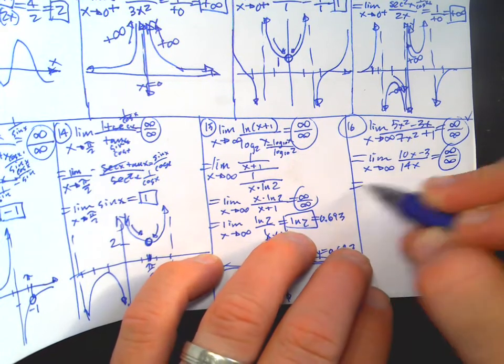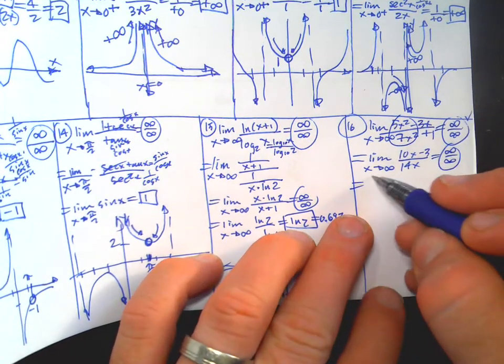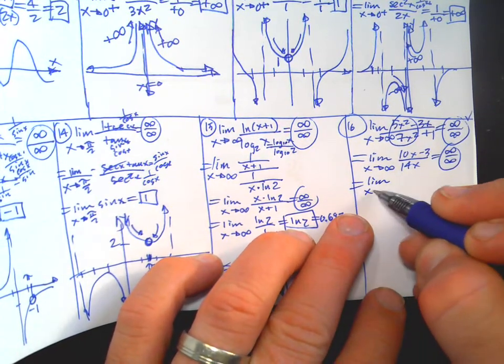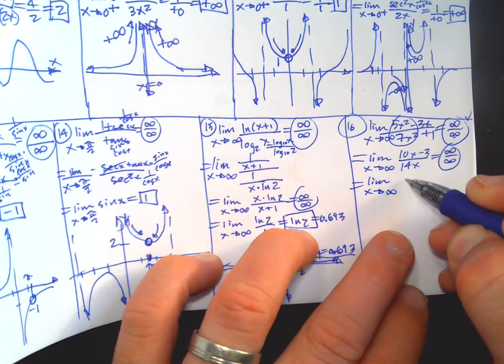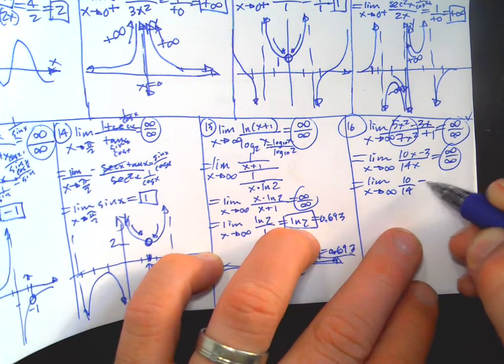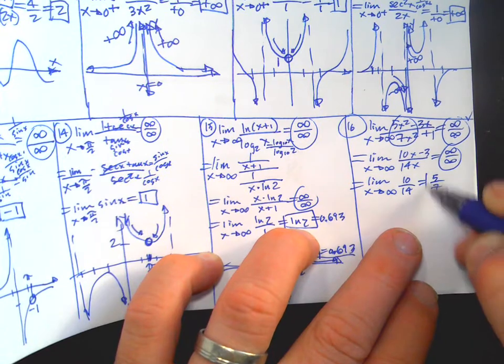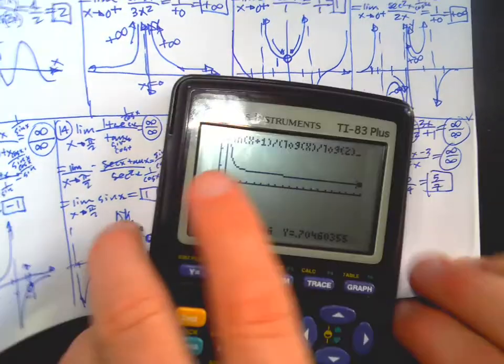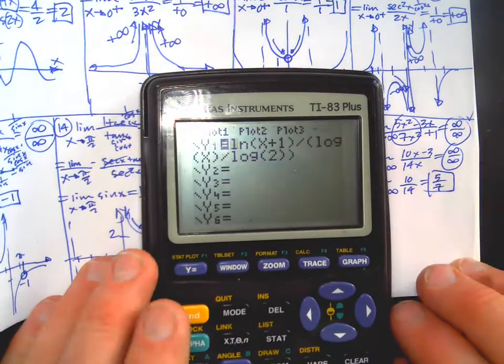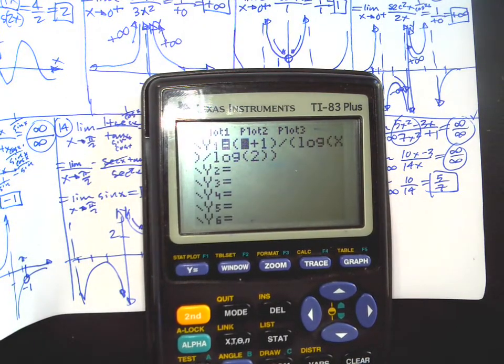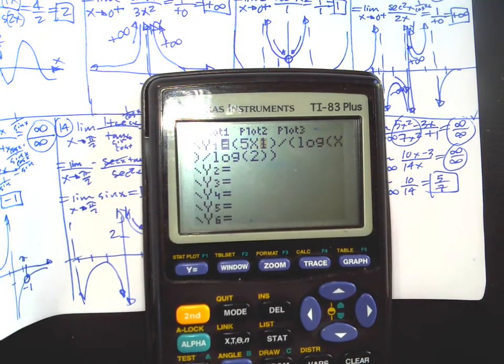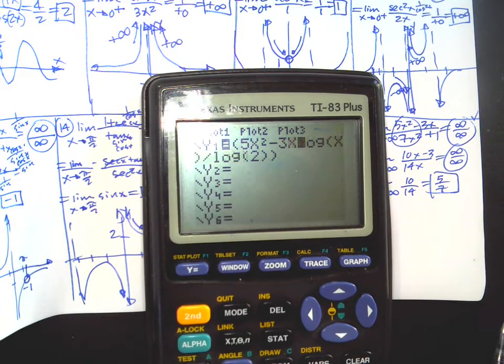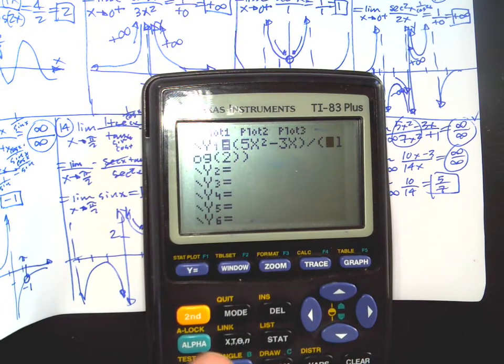Now, we know right now these are the dominant terms. The answer is going to be 5/7, but we're using L'Hopital's rule, which is definitely not faster this time, to get the answer 5/7. Now, the graph of this is going to be a rational graph. Y equals parentheses 5x squared minus 3x closed divided by parentheses 7x squared plus 1 closed.